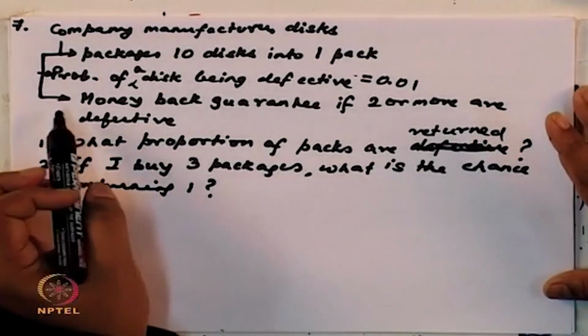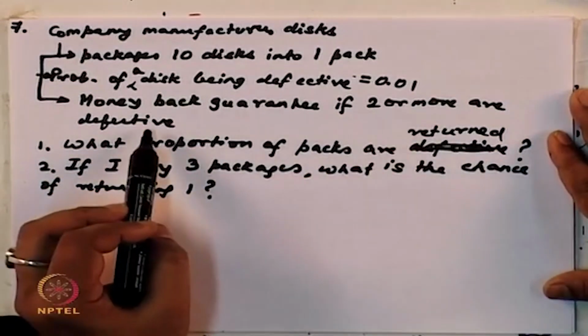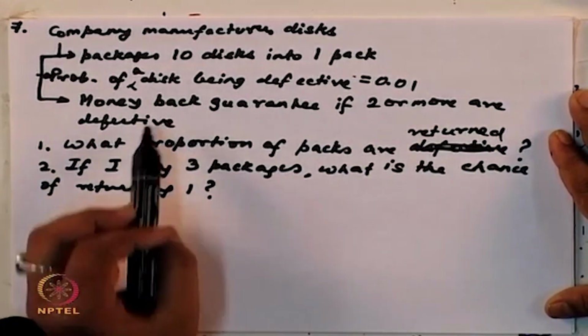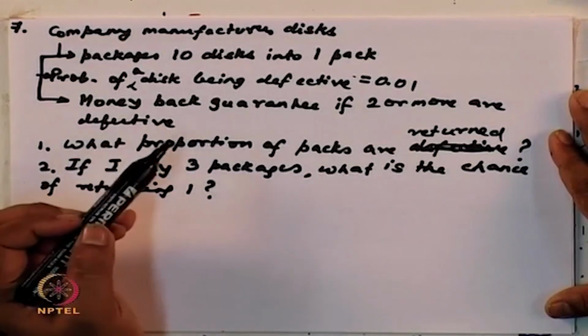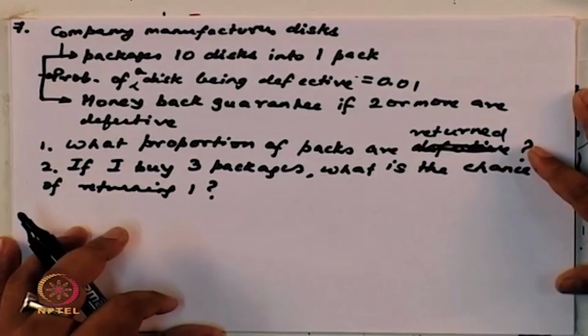Now the statement says, if there are 2 or more defective in a single pack, then the company offers a money back guarantee, which means that your package is returned. Okay.